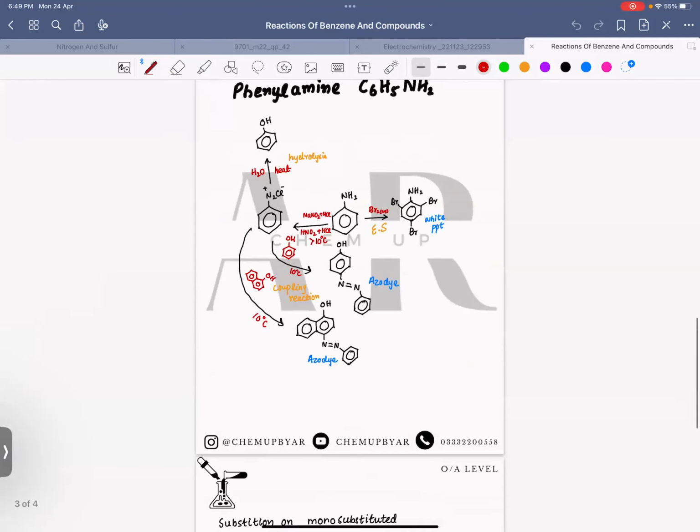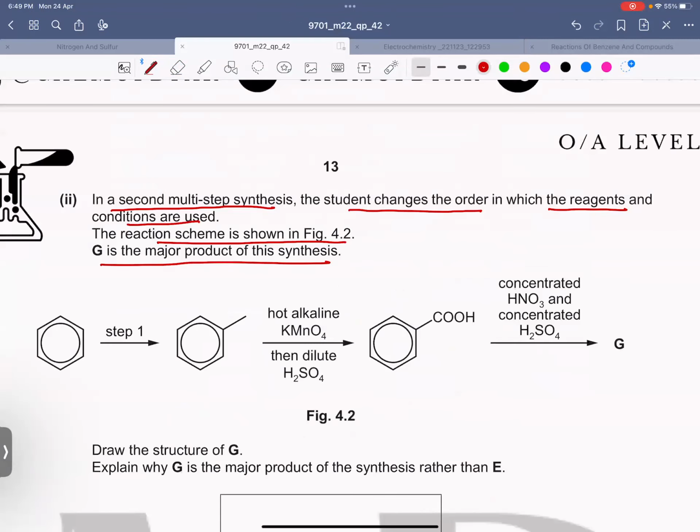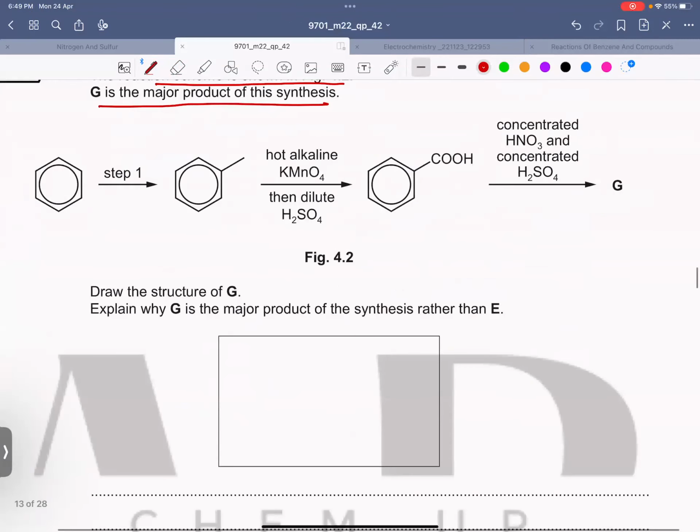So if you look over here, when we have a carboxylic acid bonded to it, then the next substitution would occur at these positions instead of those positions. So they are asking for the structure of G. In G, the nitro group is now present at the third position from that carboxylic acid.